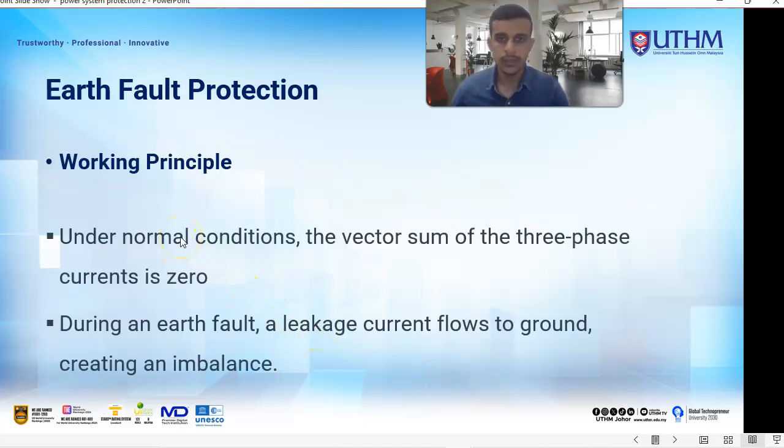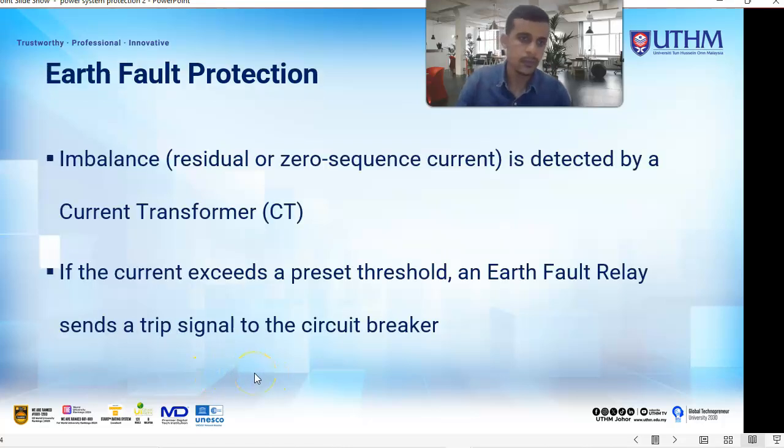So what is the working principle of earth fault protection? Under normal conditions, the vector sum of the three-phase currents is zero. During an earth fault, a sizable current flows to ground, creating an imbalance.